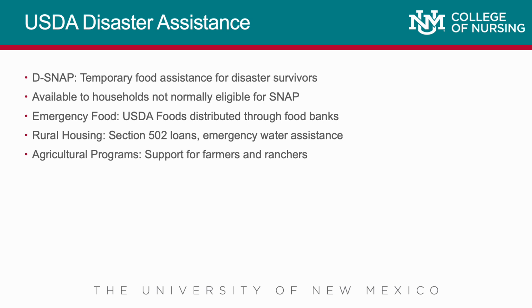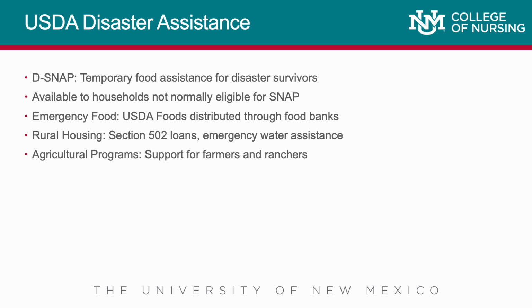The USDA provides disaster SNAP for temporary food assistance. Let me put an asterisk on this. We all know the current political situation and the problems with SNAP. So again, these are services that have historically existed.